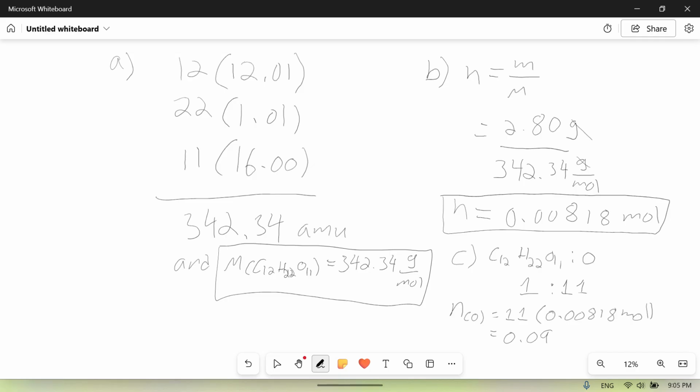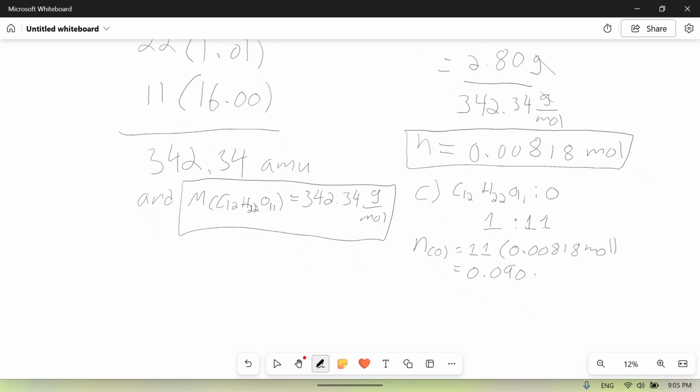0.090. Really, it's 0.089969 and so on, so I'll keep that in my calculator. All right, this is also moles, so we haven't answered the question yet. The question asks how many atoms there were. But if we want to go from moles to a number of particles, we can multiply by Avogadro's number. Big N equals little n times NA.